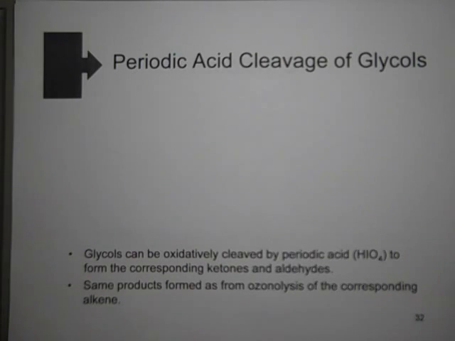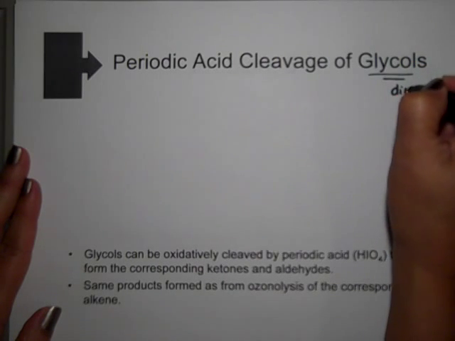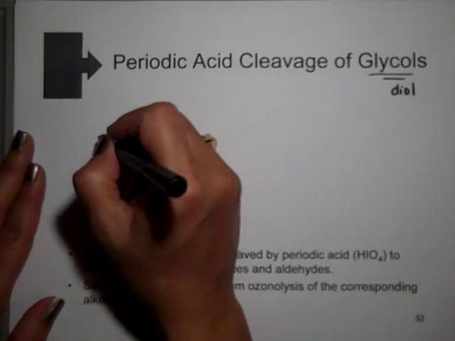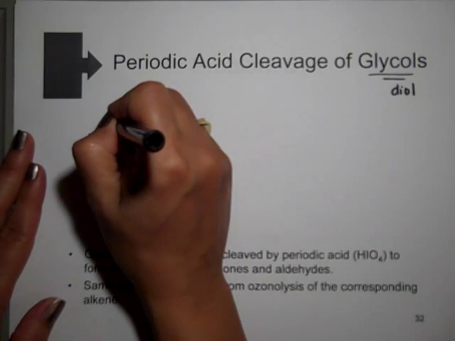Now I'm going to show you a reaction that resembles ozonolysis, but it's with a diol, and it's a glycol, which is another name for a diol. So what we're going to do here is take a vicinal diol. It has to be vicinal.